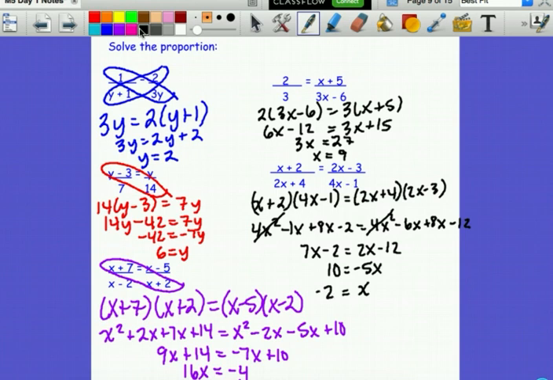Alright, and there they are. We end up with x is 9 and x is negative 2.